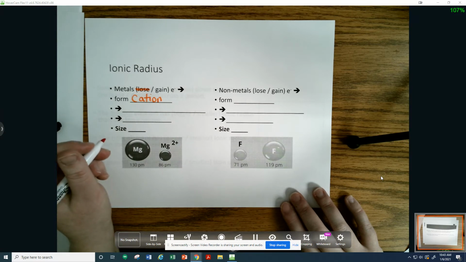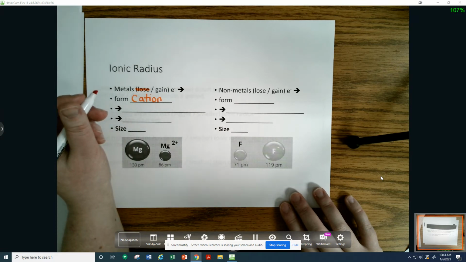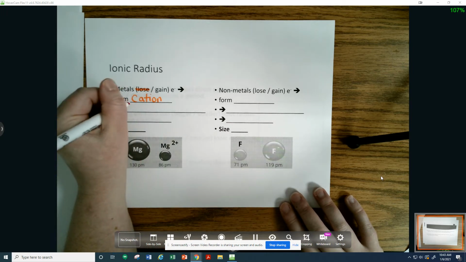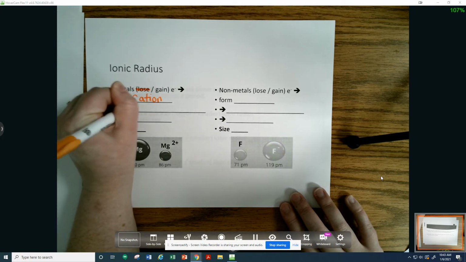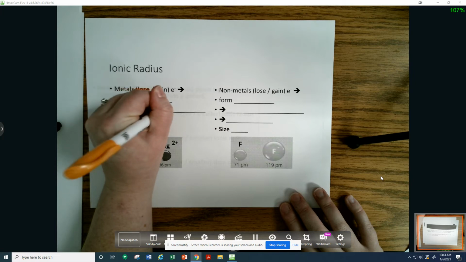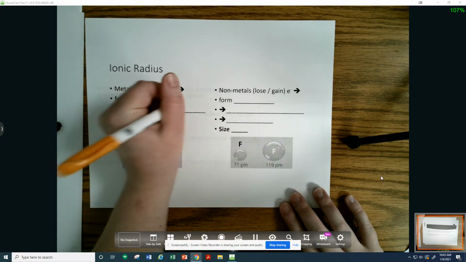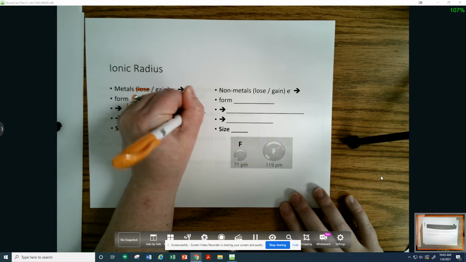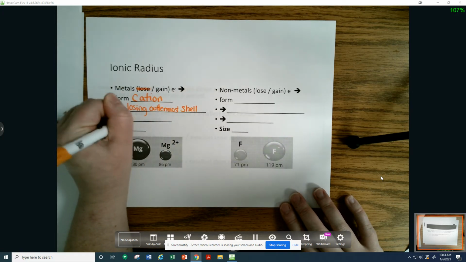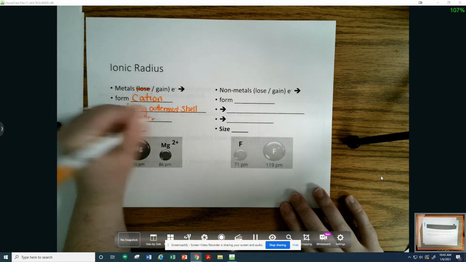So they form cations, and the reason this ties in with size is that they are losing their outermost, or valence, shell. So overall, they become smaller and size decreases.